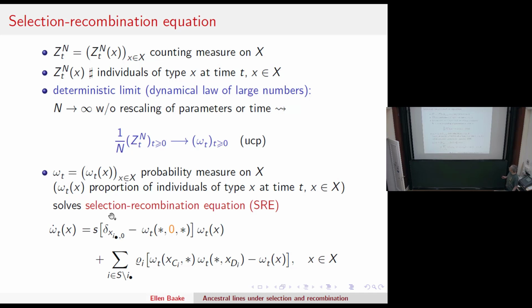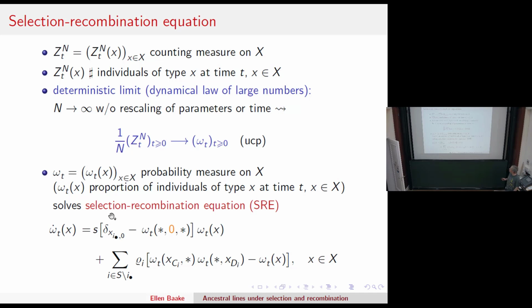And now to the differential equation. It has a selection part and a recombination part. The selection part tells us that type x increases in frequency at rate S if it has a 0 at the selected site. But at the same time, it decreases in frequency whenever it is replaced by the offspring of some good individual.